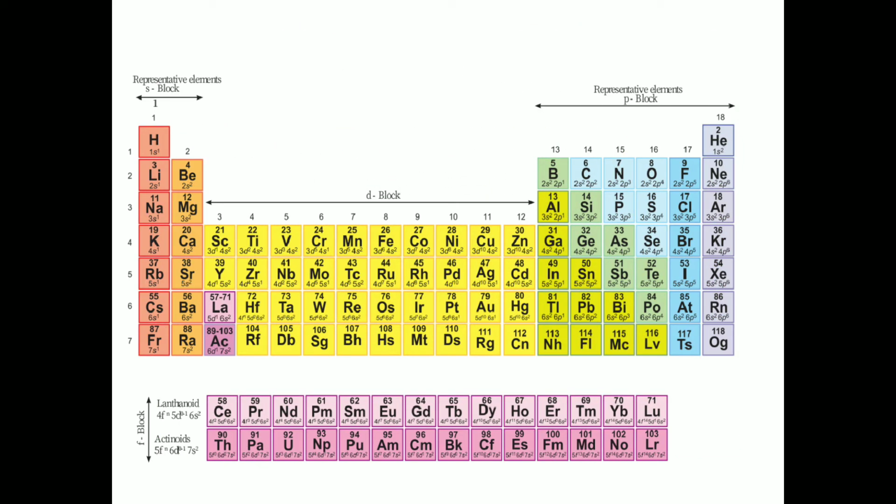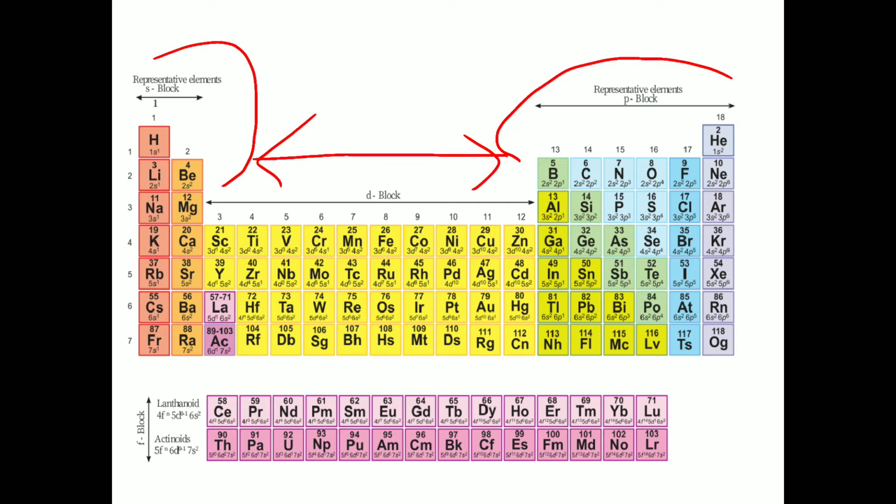As we have already studied in chapter number 7, that is the modern periodic table, the s-block elements are placed at the extreme left hand side of the periodic table, and p-block elements at the right hand side, d-block elements in between the s-block and p-block elements, which we will study in standard 12th, and f-block elements are placed at the bottom of the periodic table.